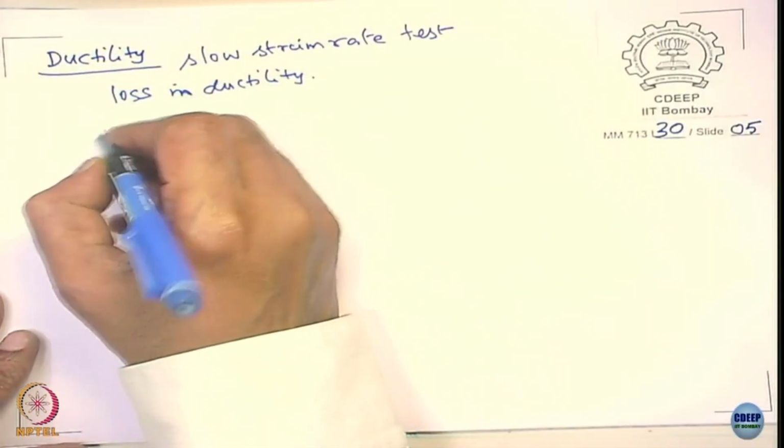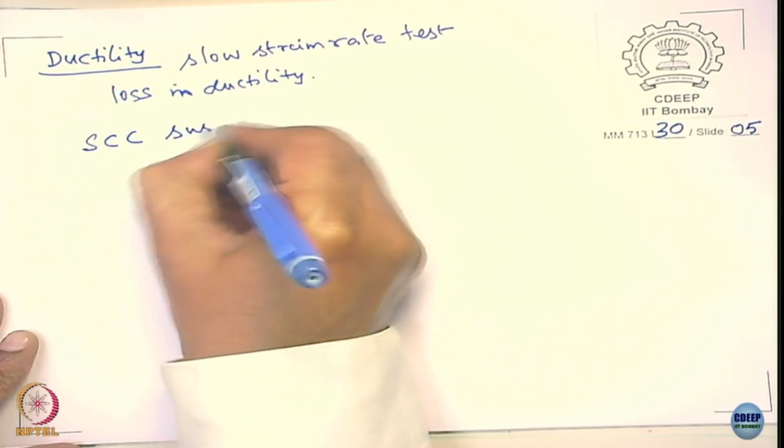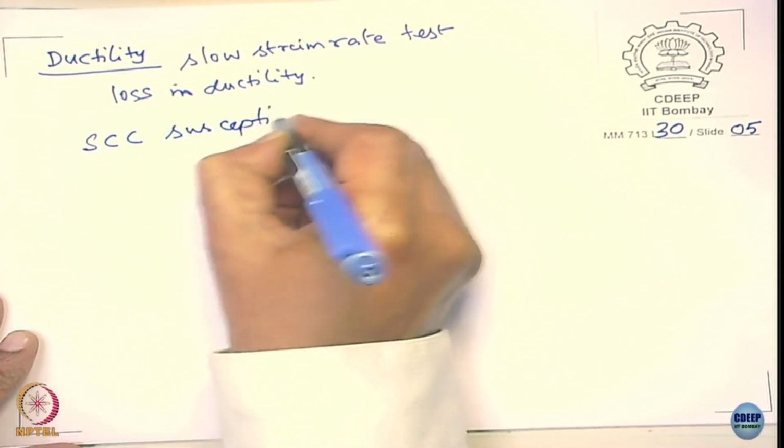Okay. So we had some idea about that. When we have this, people use a term called SCC susceptibility index.